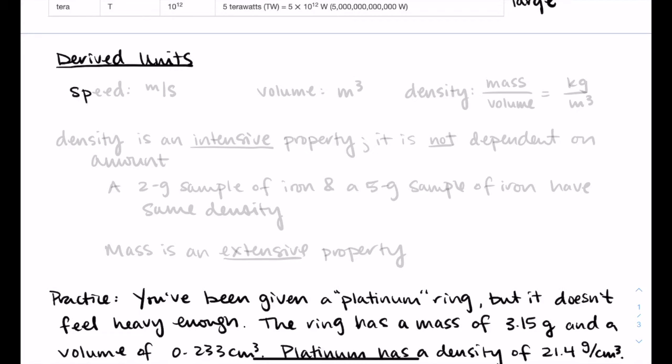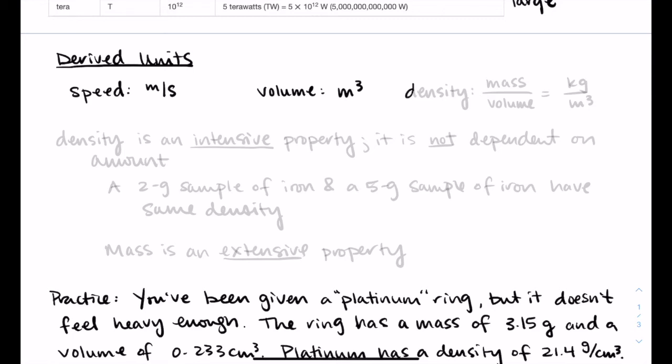Something like speed in meters per second is a combination of that length unit and a time unit. When we talk about speed, we need them together. Volume is a derived unit, right? Because you're talking about length times width times height. So we might talk about something like meters cubed for volume.